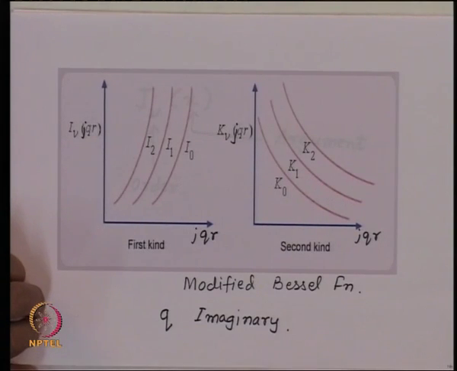So now what we find is that if I choose a set of solutions for which q is imaginary, then I get the field variation radially, which will be monotonic in nature. If I consider q real, then I get radial variation of the field, which is oscillatory in nature. That's where now we have to put our physical understanding to choose the appropriate solution.